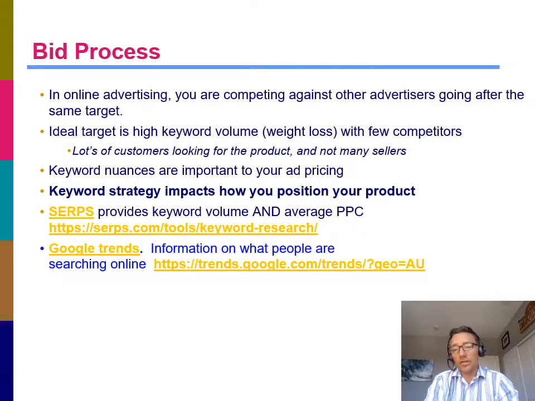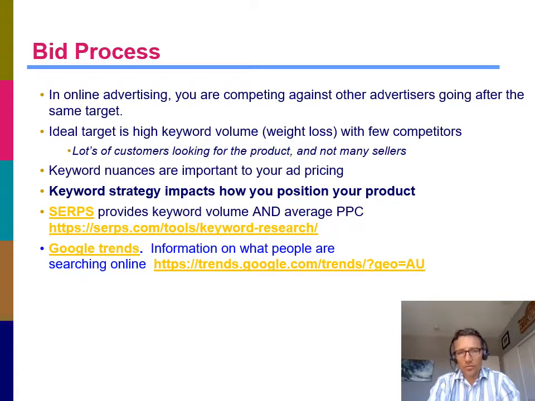So you're competing against other advertisers that are going after that same target audience. That target audience is defined by the keywords that you use to determine it. So we want high volume, lots of target audience, with not a lot of competitors. So the nuances in your keywords are important to your ad pricing.